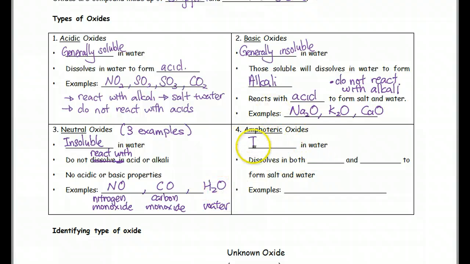For amphoteric, same thing, it is insoluble in water. But this time, it actually reacts with both acid and alkali to form salt and water. And same thing here, we actually only have three examples of amphoteric oxide. So what are the three examples?